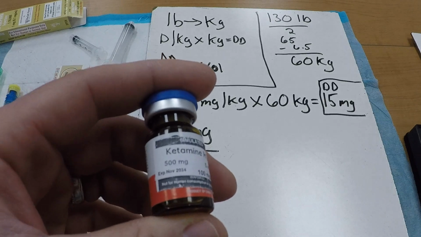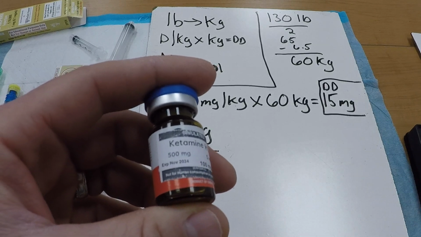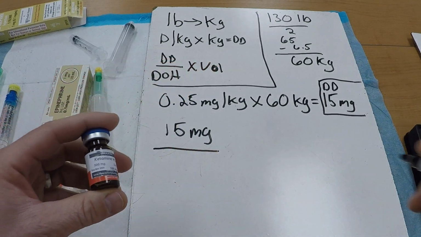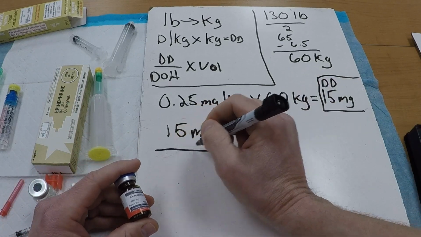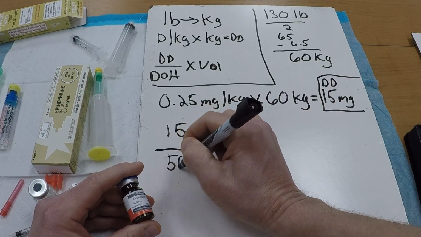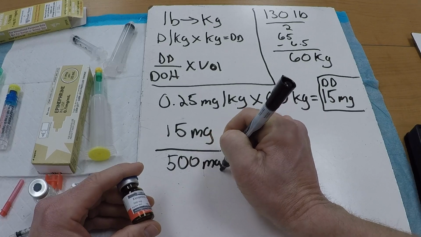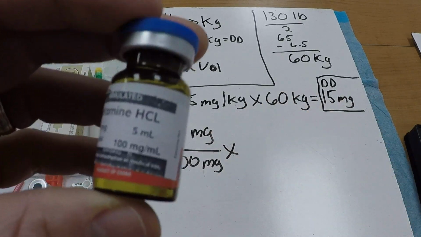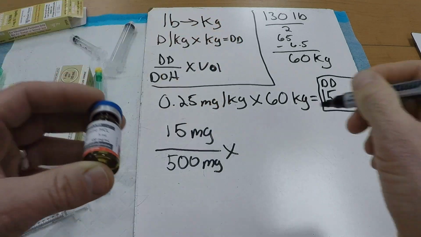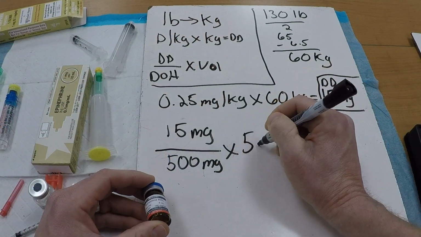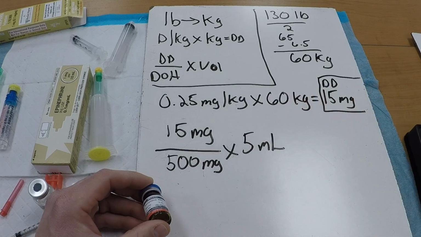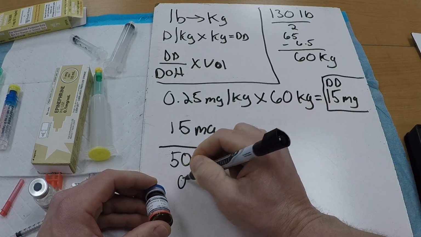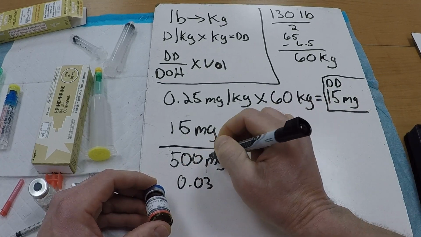So 15 milligrams divided by 500 is still 0.03. So 15 milligrams over 500 milligrams times the volume, which now is 5 milliliters. So we're going to get the same 0.03.